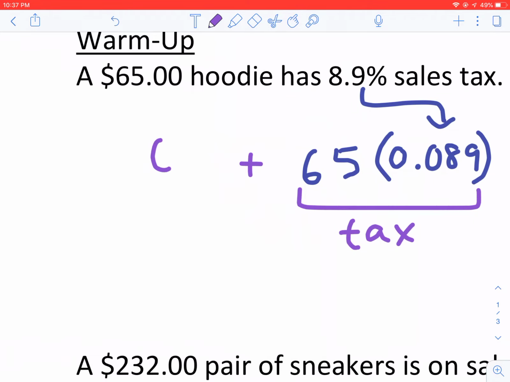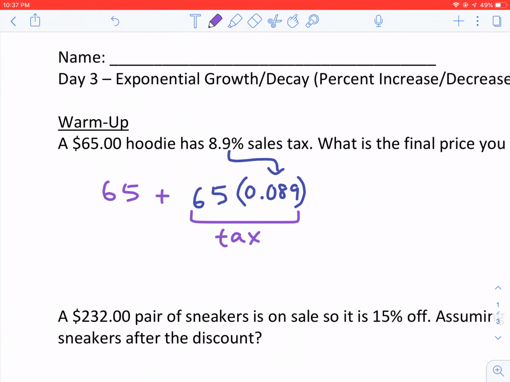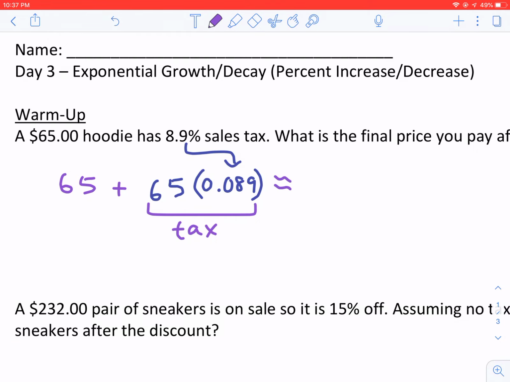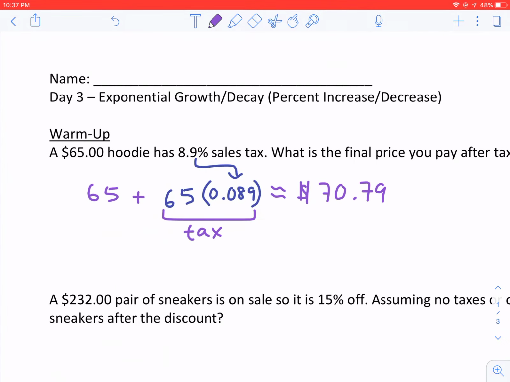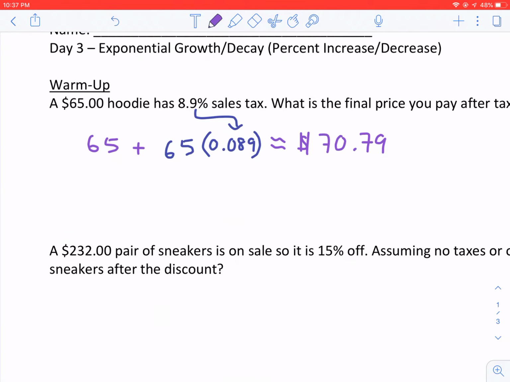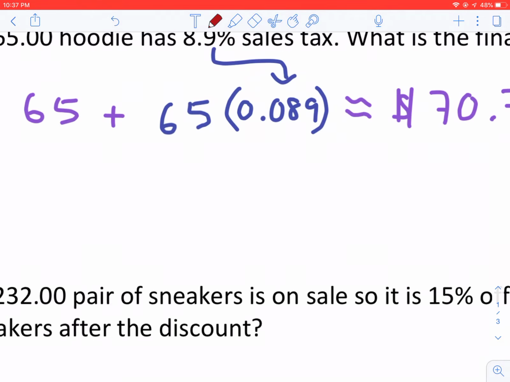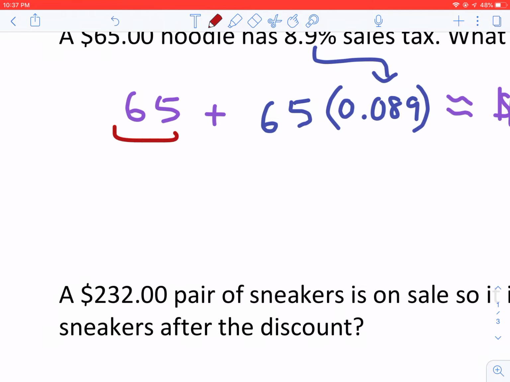And so if we add that to the original amount of the hoodie, we're going to get the final price. And I think that is something like $70.79 after rounding. And that's that. But another way to do this is, if you take a look at these 2 terms, there is a GCF of 65.